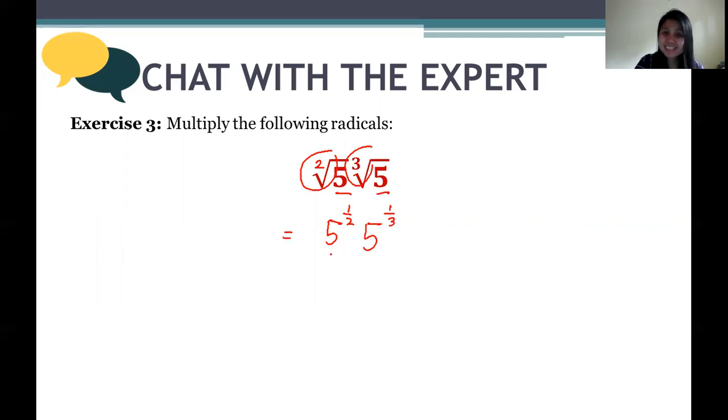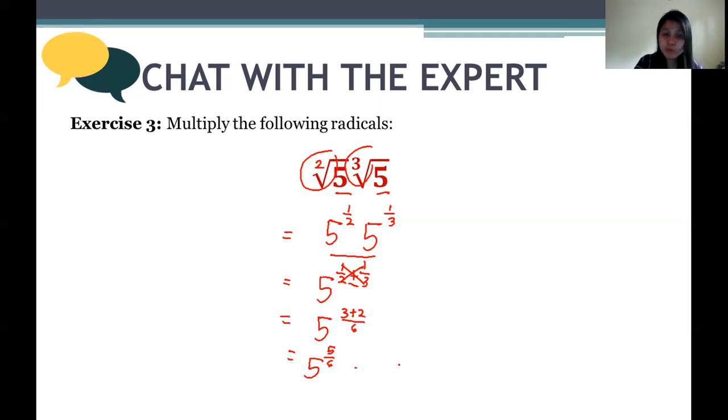Next, same base, add the exponents. So 5 to the power of 1/2 plus 1/3. Then we add the exponents in fraction form. That will be, as I taught you, the shortcut: 3 times 1, 2 times 1, over 2 times 3, 6. So we have 5 to the power of 5 over 6.